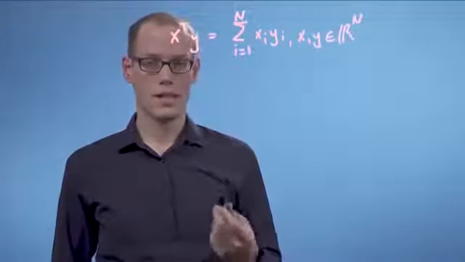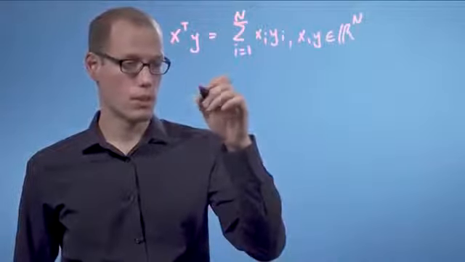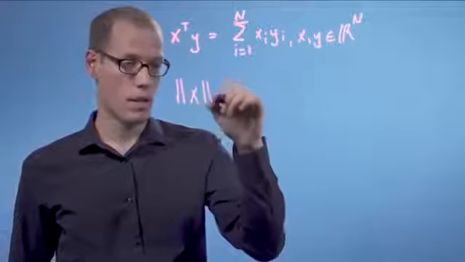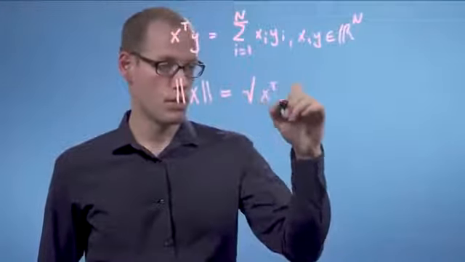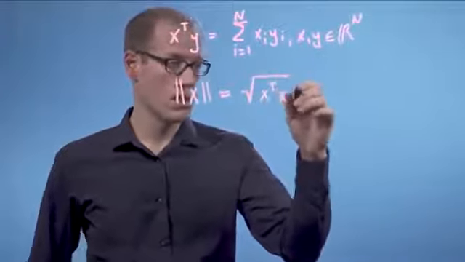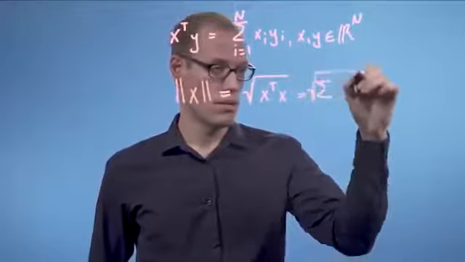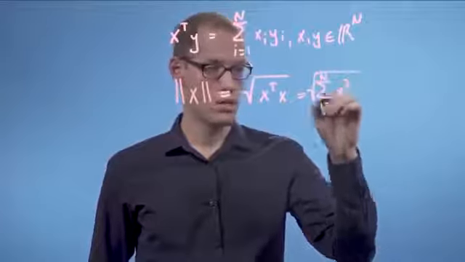The length of x is then defined as the square root of the dot product of x with itself. So the length of x is the square root of x transpose x, which we can also write as the square root of the sum of i equals 1 to n of xi squared.